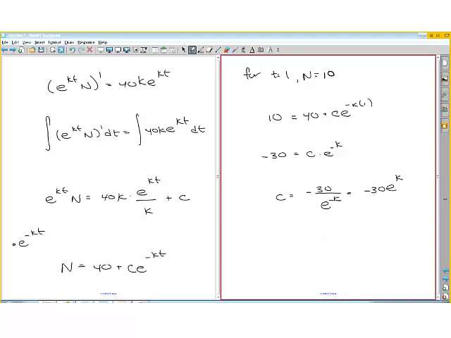So that would be the arbitrary constant c. So we'd stick that back in, and you get n is equal to 40 plus c, which is negative 30 e to the k times e to the minus kt.